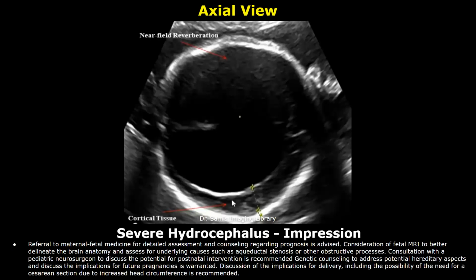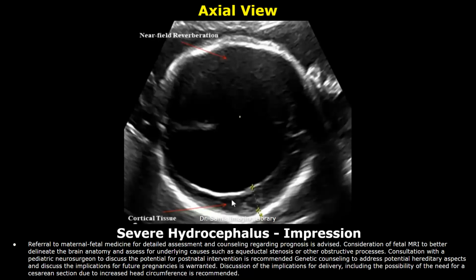Referral to maternal fetal medicine for detailed assessment and counseling regarding prognosis is advised. Consideration of fetal MRI to better delineate the brain anatomy and assess for underlying causes such as aqueductal stenosis or other obstructive processes.